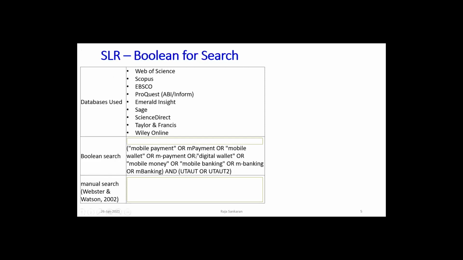For example, if I'm working on a specific model, this is something that I've made use of. If you are not familiar with it, it is UTAUT or UTAUT2, which was developed by Venkatesh. UTAUT was in 2003 and UTAUT2 was in 2012.